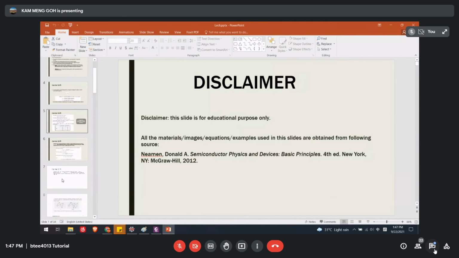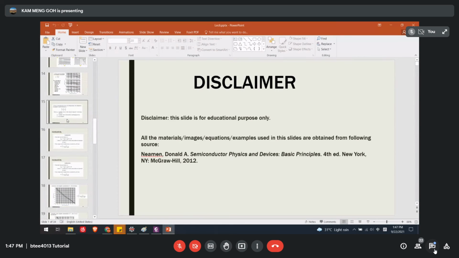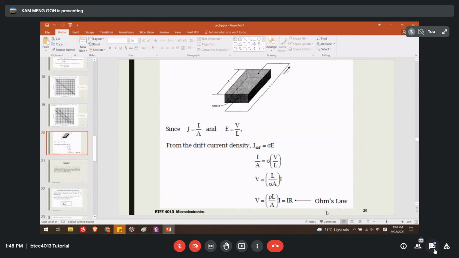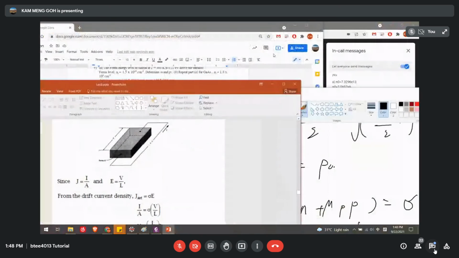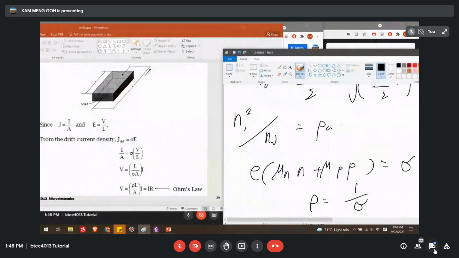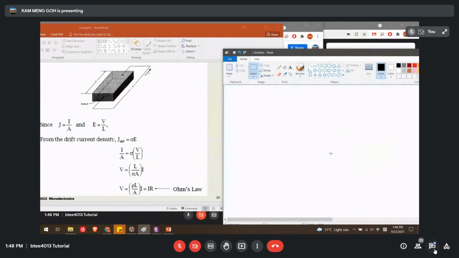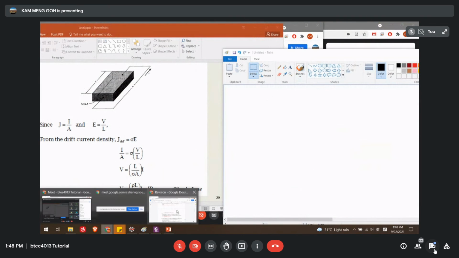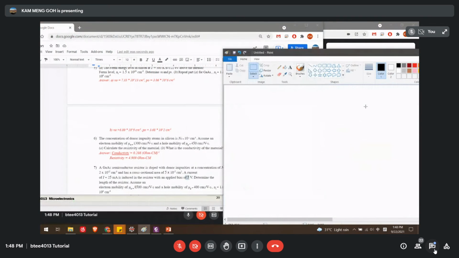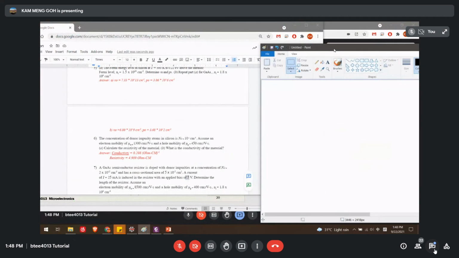Okay, based on this part, we have dealt with it a lot of times. Let's put it side by side. From the question, we know that we are given some info: I is 25 mA, then V equals 5 V. V equals IR, no problem.